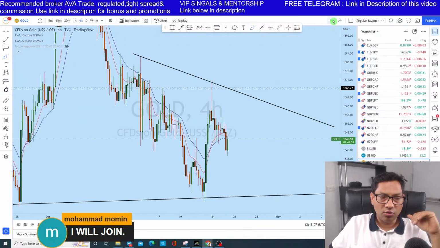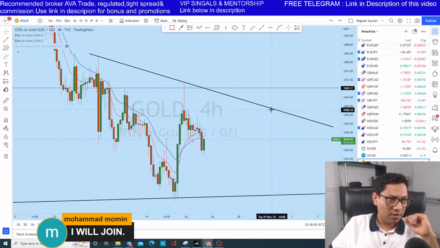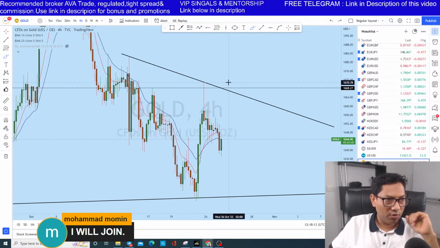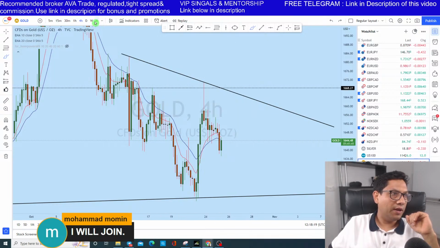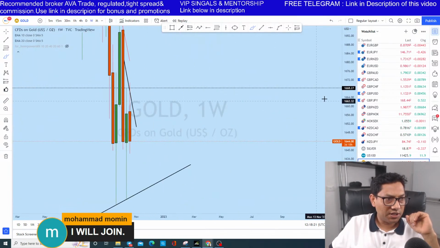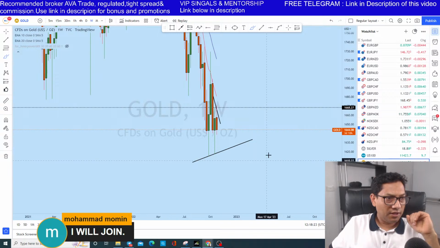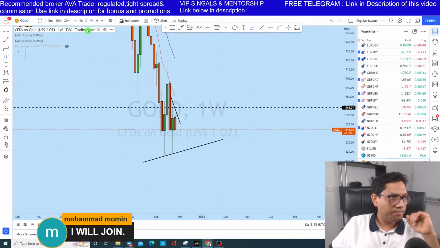I don't think gold will be able to break this high and create a long-term bullish pattern. Even that will be really good price action. Yes, I think gold will do like that.